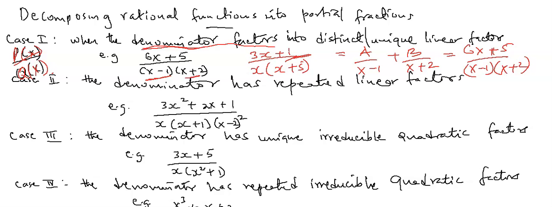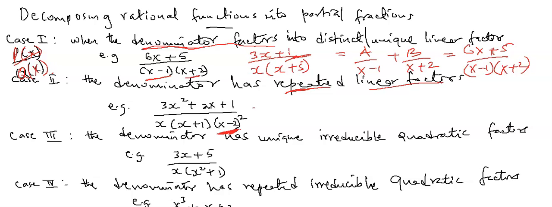When you go to case 2, the denominator has repeated linear factors. For example, 3x squared plus 2x plus 1 over x plus 1 times x minus 2 squared. The distinguishing factor here is x minus 2, that is repeated. X minus 2 is linear, but it is repeated. Note that the others are just like case 1, but what makes this case 2 is x minus 2 squared, that is repeated.